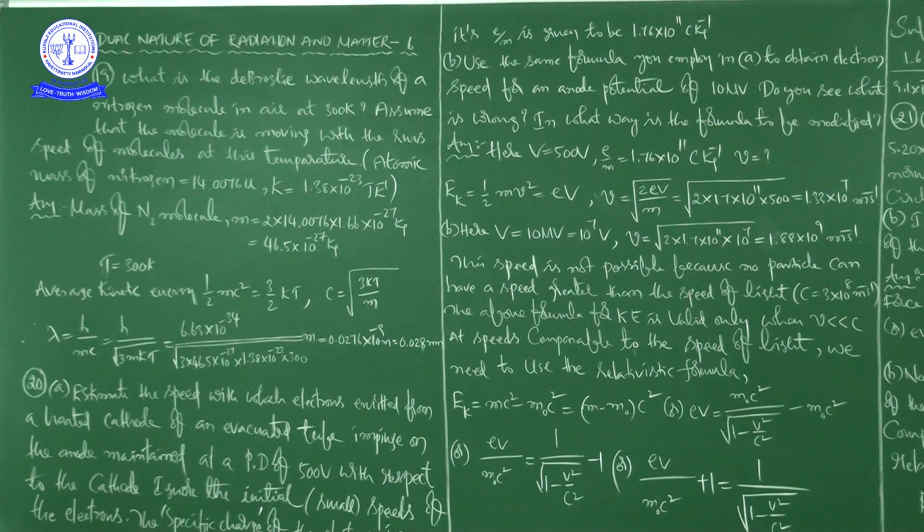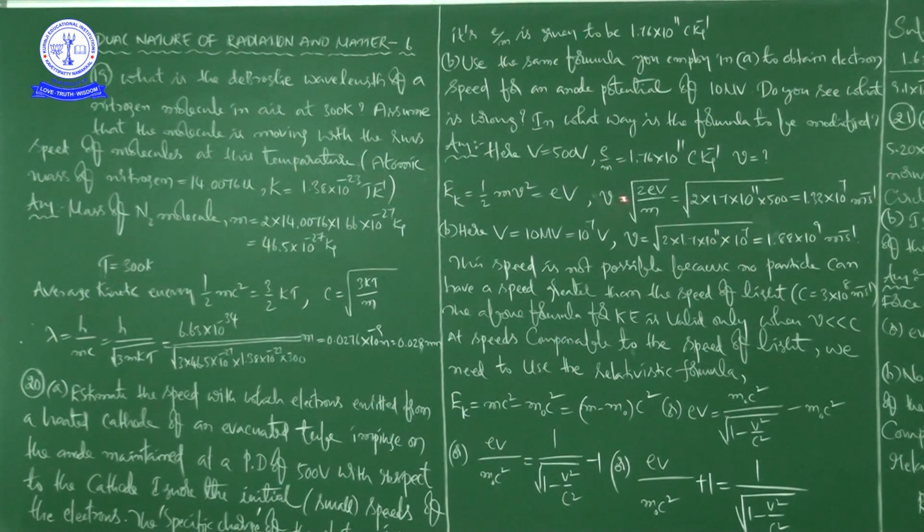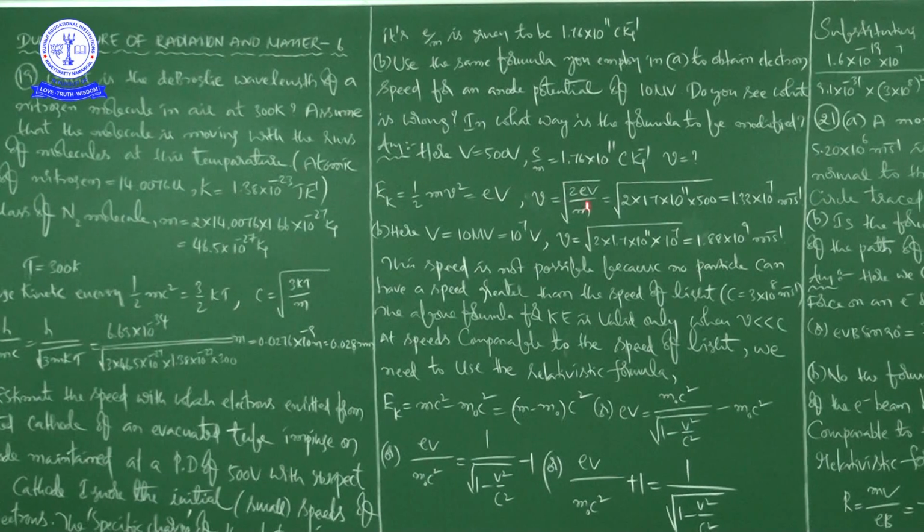Work function also is eV only, no? So kinetic energy, half mv squared, is equal to e into V. Here we are writing v as the subject. So v is equal to square root of 2eV by m.